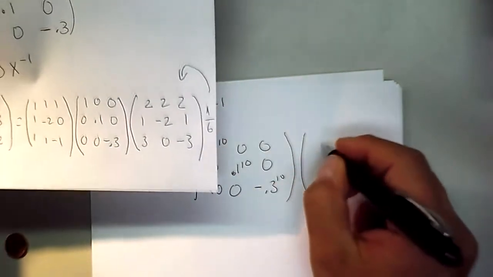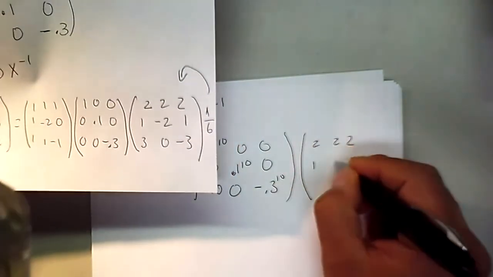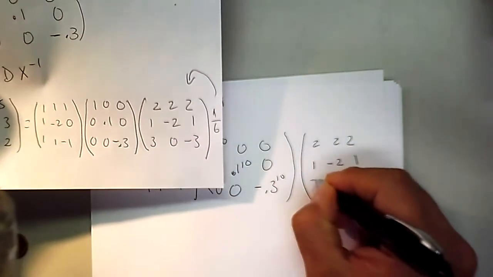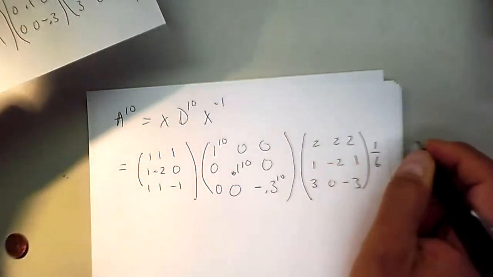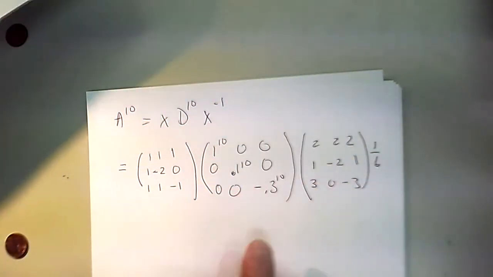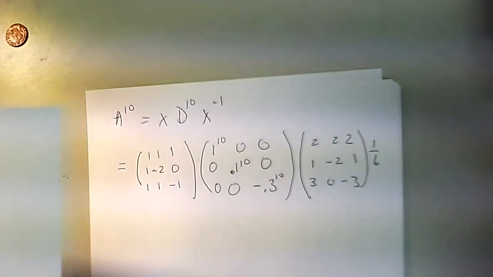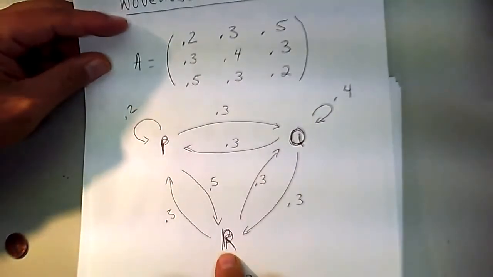And then we multiply by 2, 2, 2, 1, negative 2, 1, 3, 0, negative 3, 3, 0, negative 3. And don't forget to multiply by 1/6. The 1/6 I'm going to do last because that is going to create a fraction. So if we want to know the probability after 10 cycles, remember, all of this started with 3 populations.